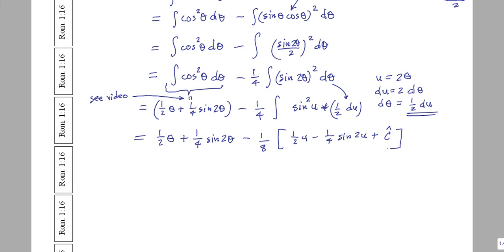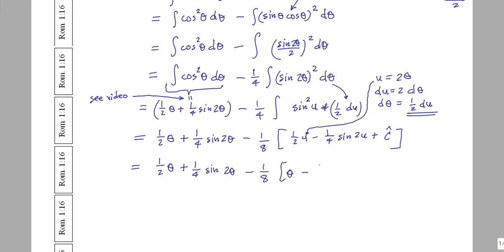And so if we go ahead and clean this all up, you are going to get a half of theta plus a quarter sine of 2 theta minus an eighth times, now let's stick back what u is. U is 2 theta. So a half of 2 theta is just theta. Okay.